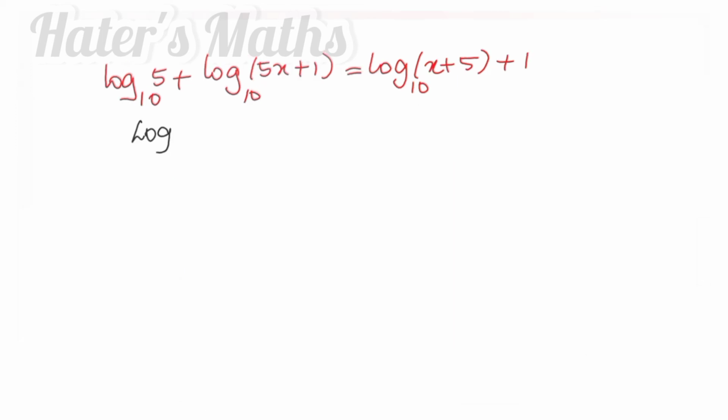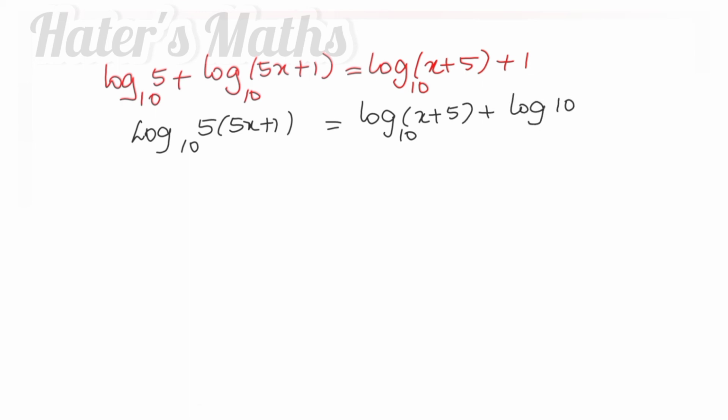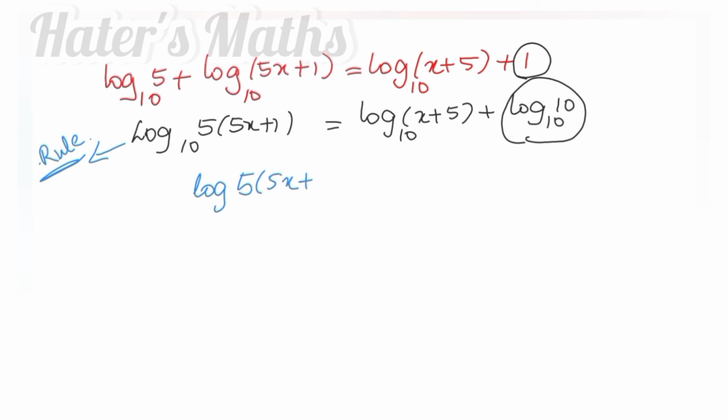Here we need to find the value of x. In the LHS I am using the product rule, that means log 5 into 5x plus 1 to the base 10 equal to log x plus 5 to the base 10 plus 1, which can be written as log 10 to the base 10. In the RHS also I used the product rule. So log 5 into 5x plus 1 to the base 10 is equal to log x plus 5 into 10 to the base 10.